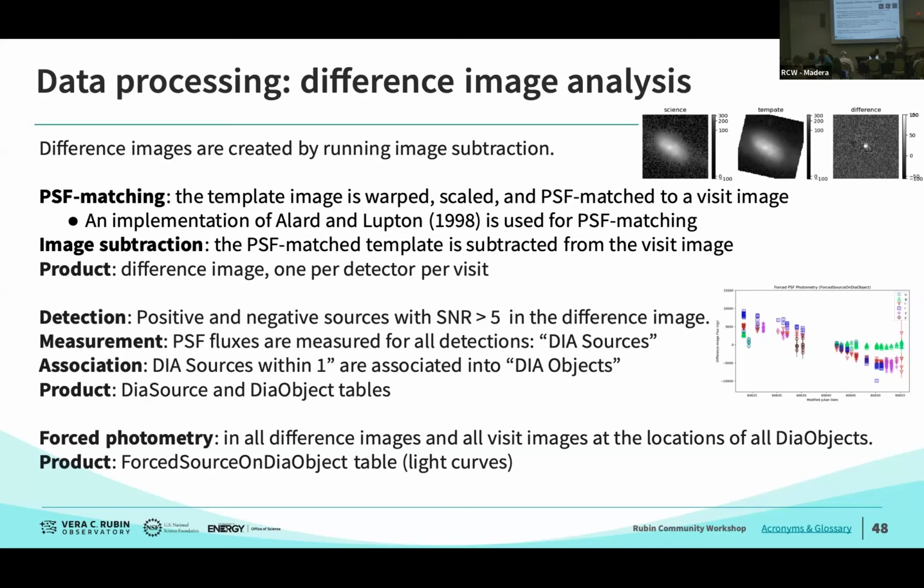So you can think of it this way: in the upper right, that dot in the far right image is a DIA source. It is 1 instance in a single visit image, whereas the collection of points here corresponds to a DIA object. These are all of the DIA sources corresponding to that DIA object. And yeah, then we'll continue.